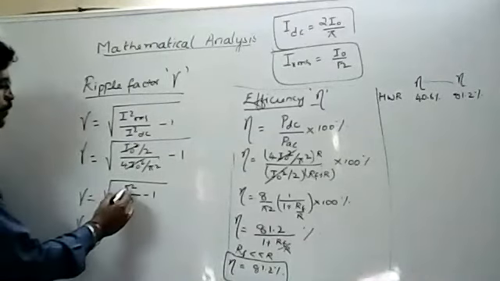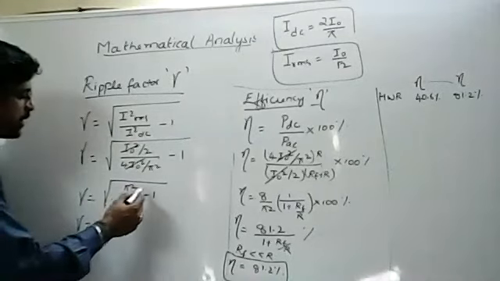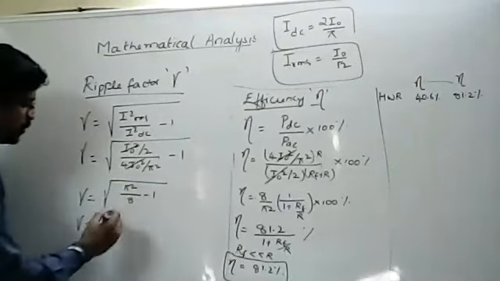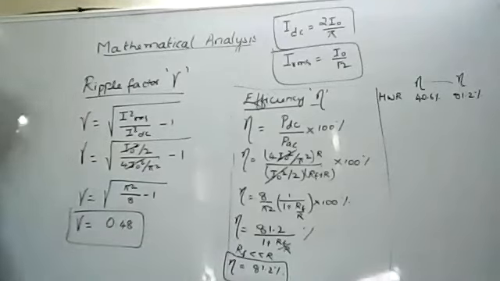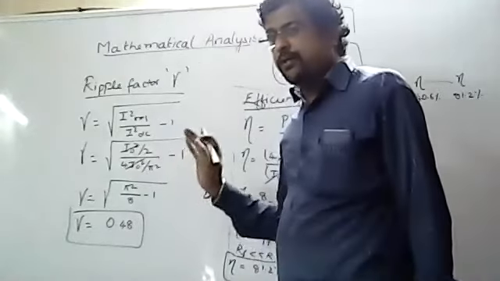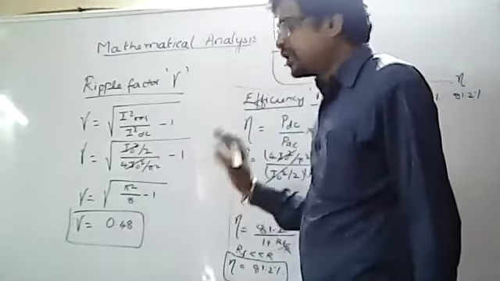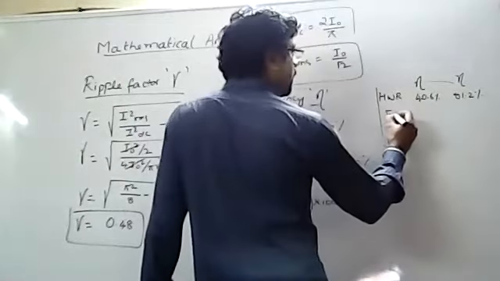If I calculate, putting the value of pi 3.14 squared, I will get 0.48. So my ripple factor for a full wave rectifier is 0.48. So I will write here full wave.